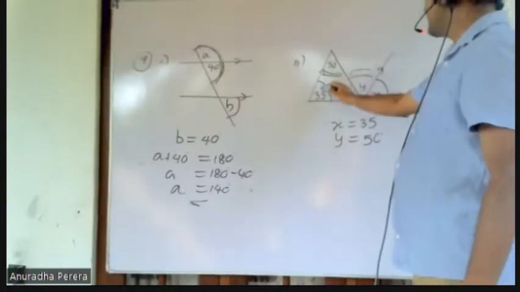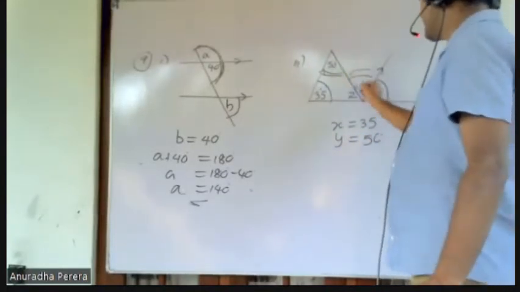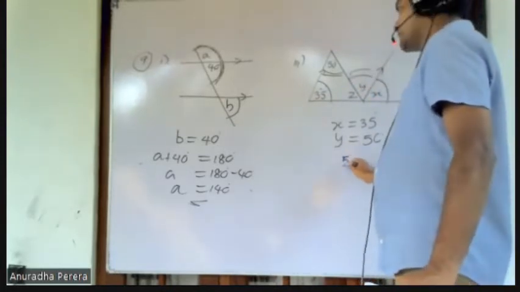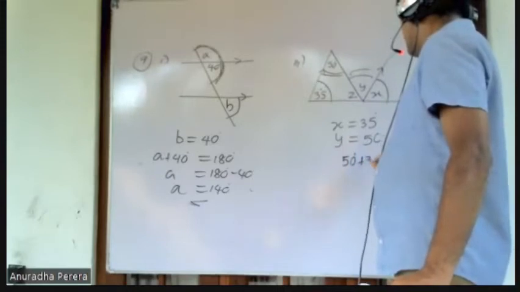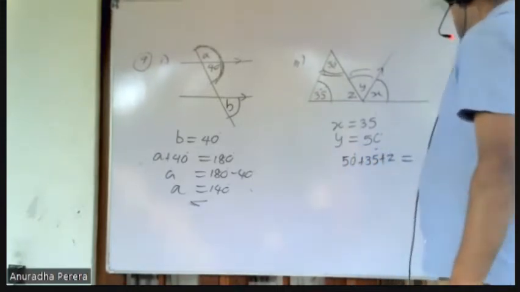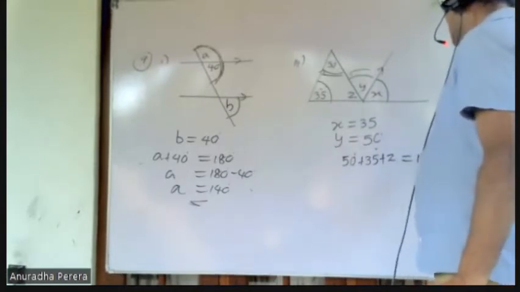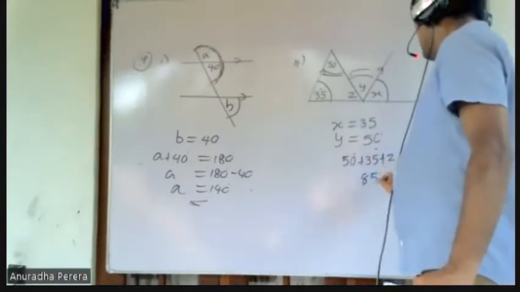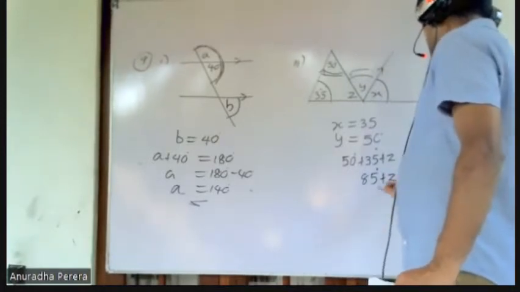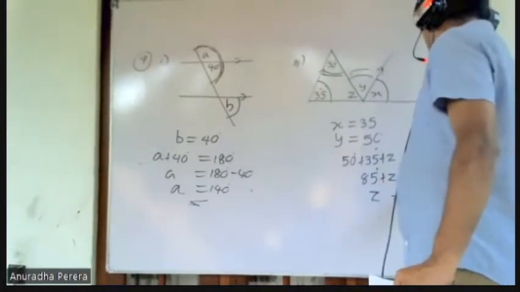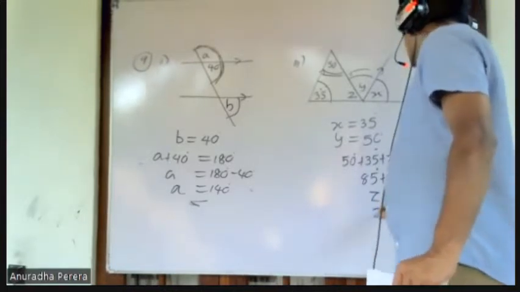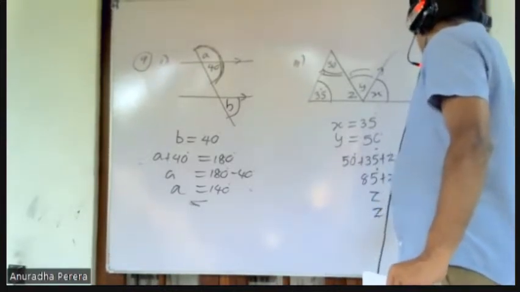And the sum of these three is equal to 180, angles in a triangle. 50 plus 35 plus Z equals 180. 85 plus Z equals 180. Z equals 180 minus 85. Z is 95.